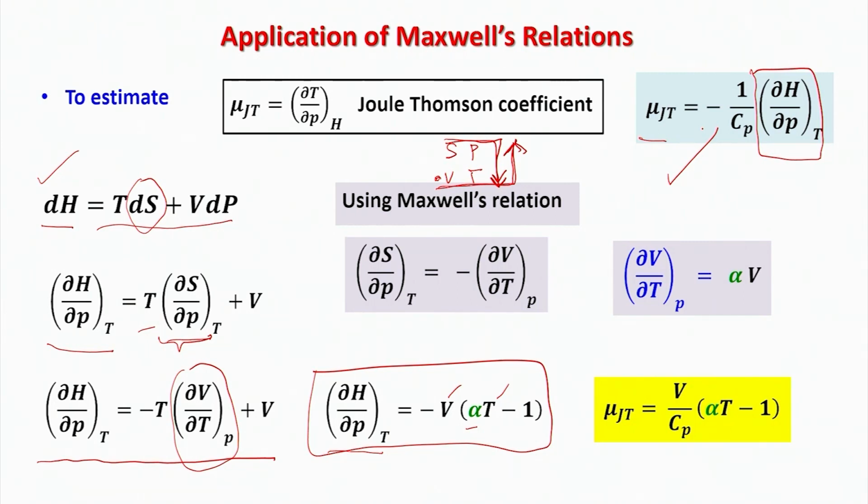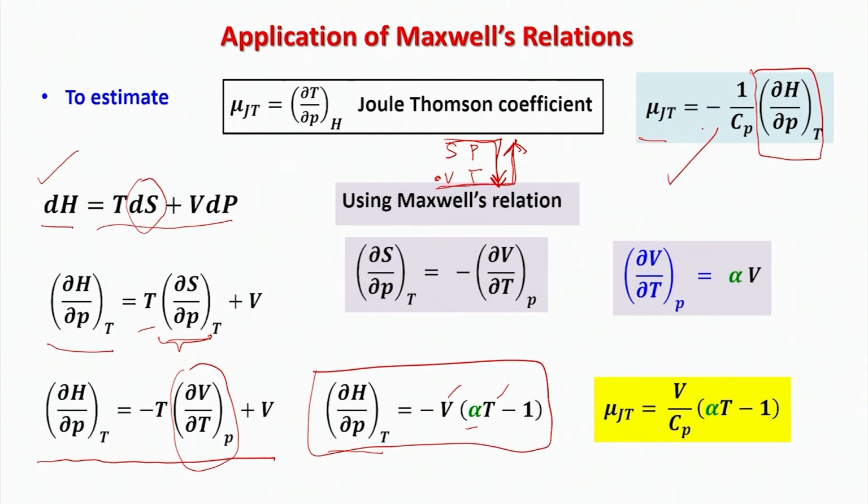Now let us say that you have this task, for some practical application, of passing one given gas from a region of high pressure to low pressure. The properties of that gas are quite well known, and you would like to know whether this gas is going to heat up or cool down on such expansion.